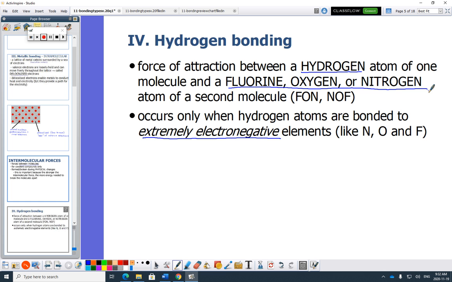So sometimes people, if you're into tricks to remember things, will say FON or NOF. You certainly don't need to. And actually, it follows the pattern. So the trend in electronegativity increases towards fluorine, which you could see in your chart, but then they're right beside each other. Fluorine, oxygen, nitrogen. And of course, hydrogen, okay?